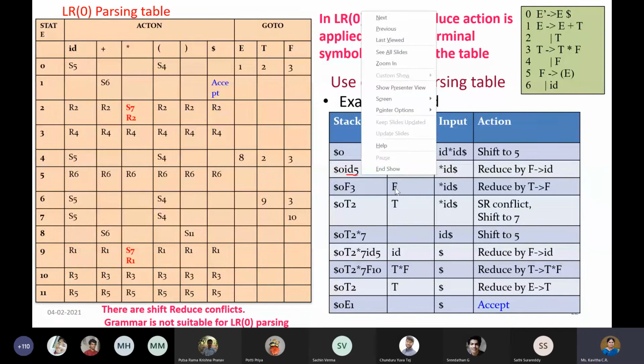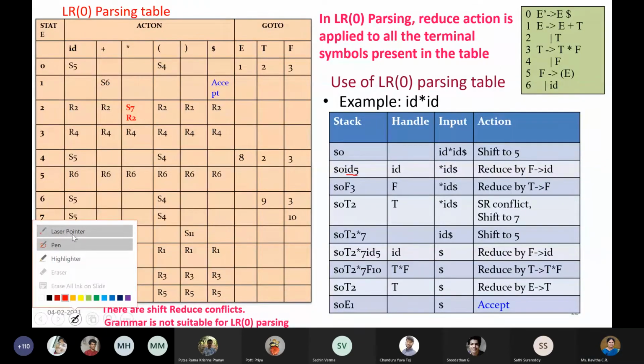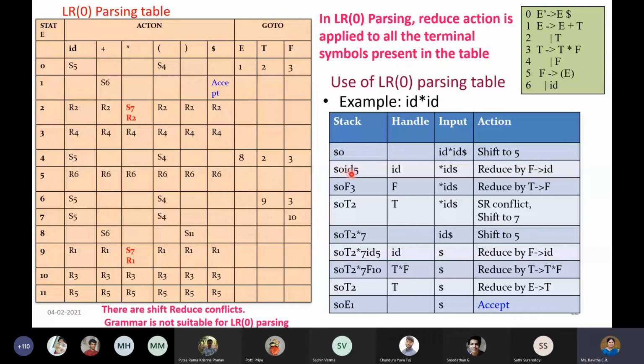This much I am going to take and I am going to pop. Once I pop, now this will not be there. We have to push the LHS symbol. Okay, I am repeating. You took out the state, you took out ID, and now in place of ID, we are going to replace with F, because that is the LHS symbol. So that LHS symbol we pushed.